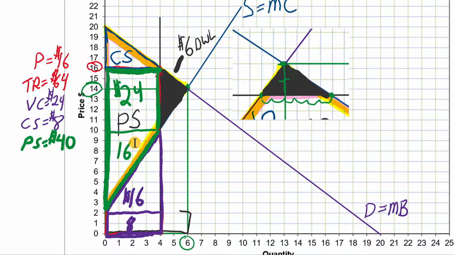Now this brings us to the second way to tell how big deadweight loss is. What is the total surplus now? 40 for producers, 8 for consumers. Total surplus is 48. When we compare that $48 in total surplus, or gains from trade in the market, we see that that's lower than it was before.